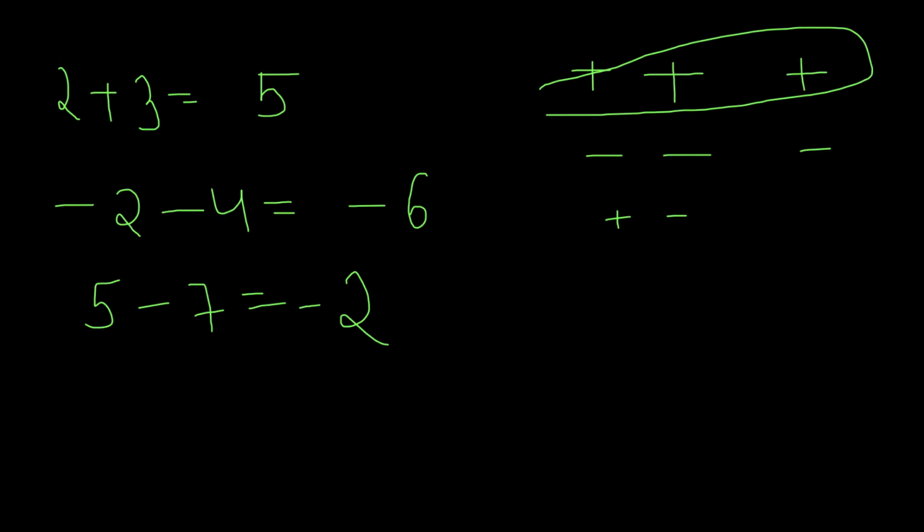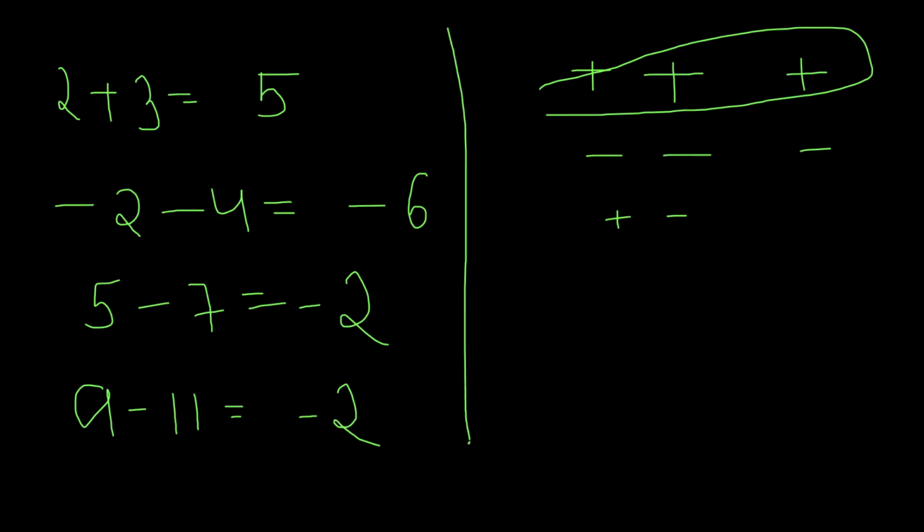We can look at some more examples. Suppose you have 9 minus 11. The absolute value of 11 is 11, the absolute value of 9 is 9, and the difference in their absolute values is 2. But minus 11 has the greater absolute value, so its sign will be used. This will be minus 2.